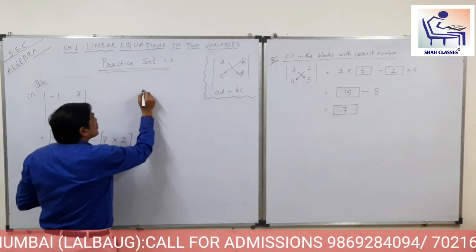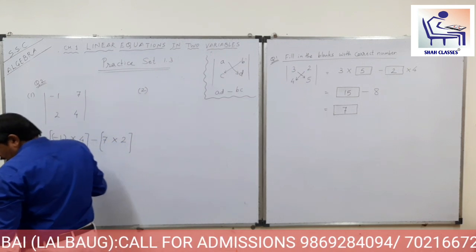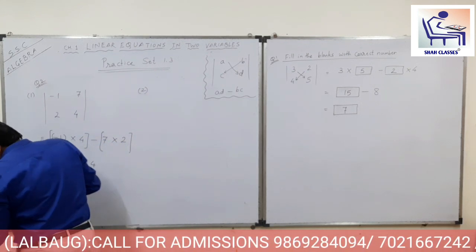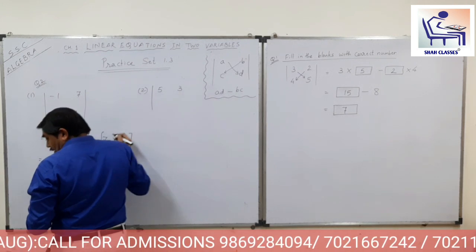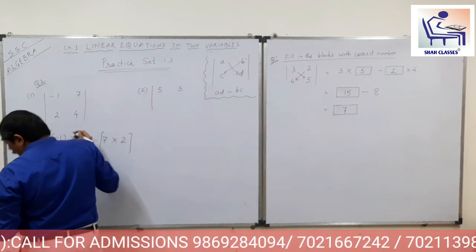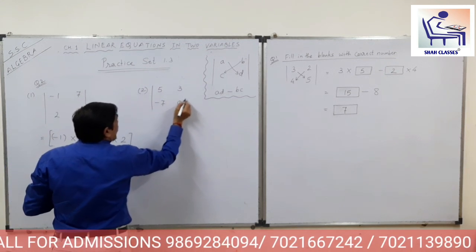Now we will move towards the second sub-question. It is 5, 3, then -7 and 0.